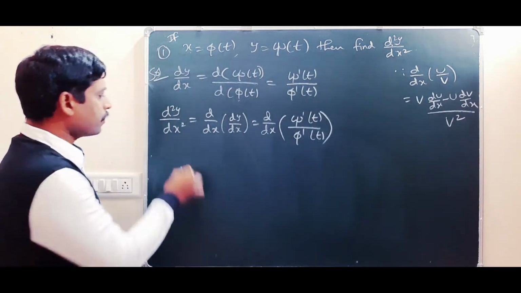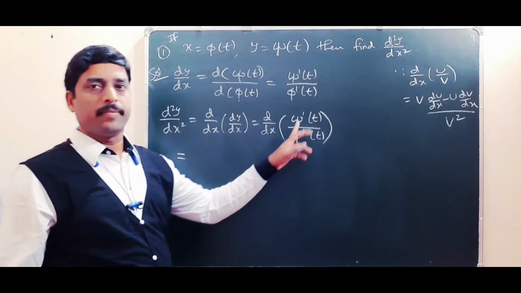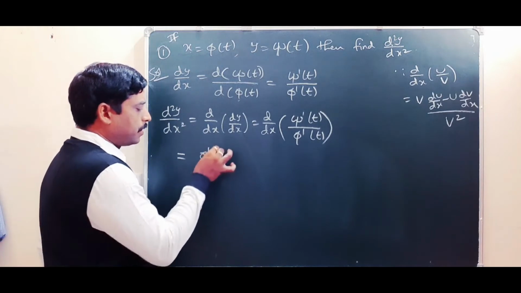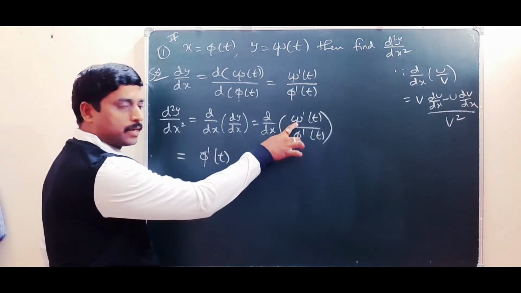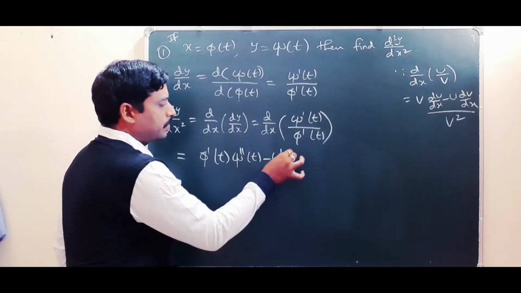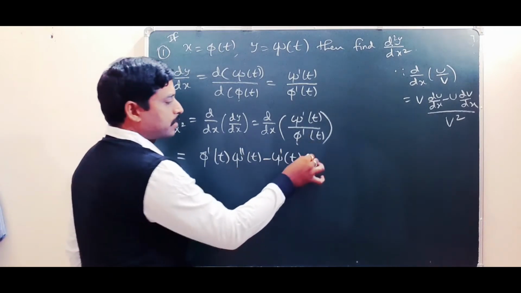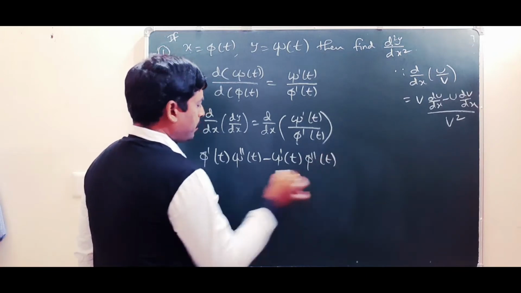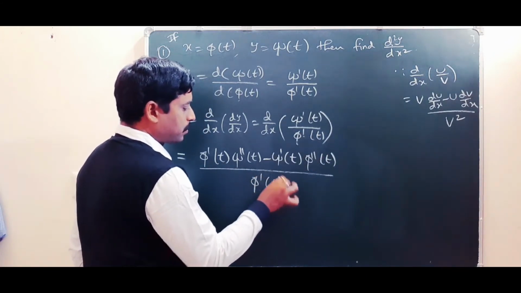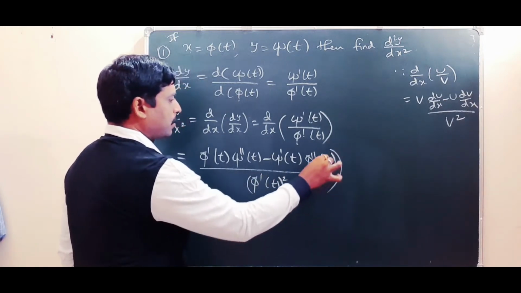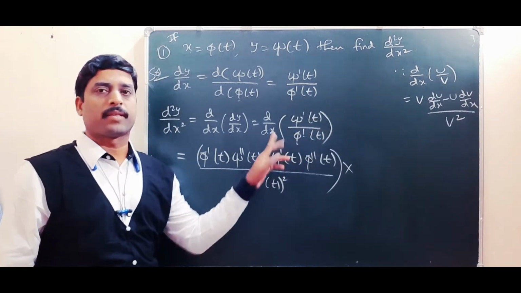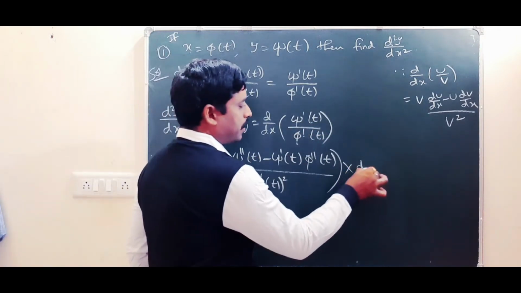It is going to be phi dash t into the differentiation of psi dash of t, psi double dash t, minus psi dash into the differentiation of phi dash t, phi double dash t. This whole divided by v square, phi dash t whole square. Now, into the differentiation of t with respect to x, we have dt by dx.